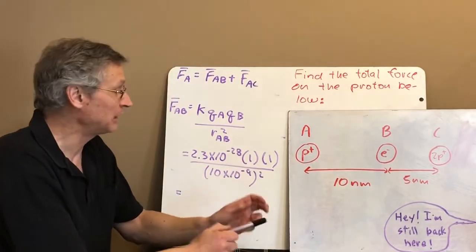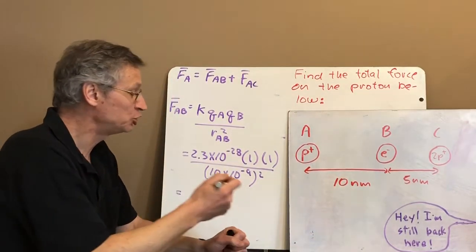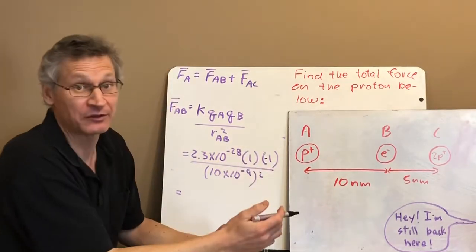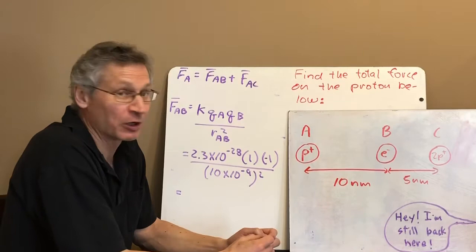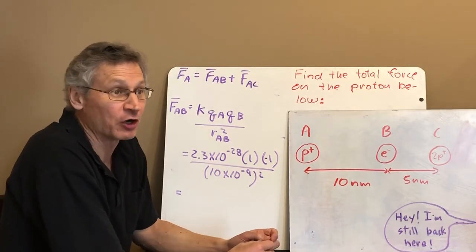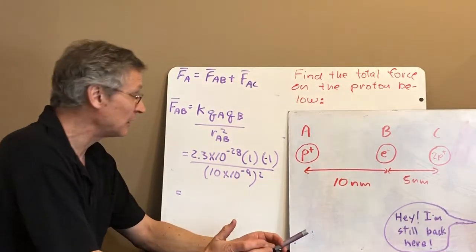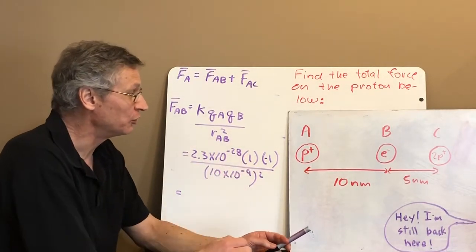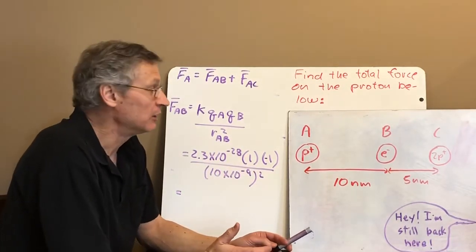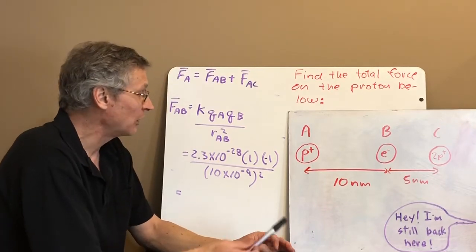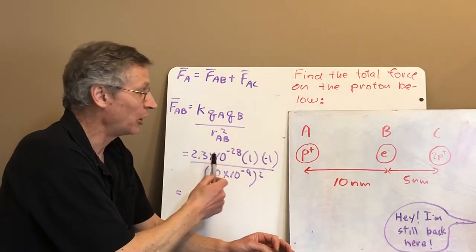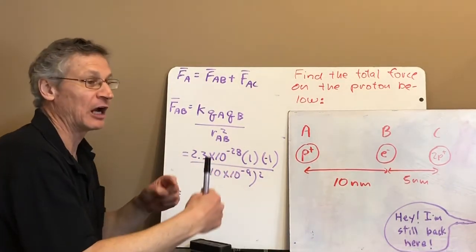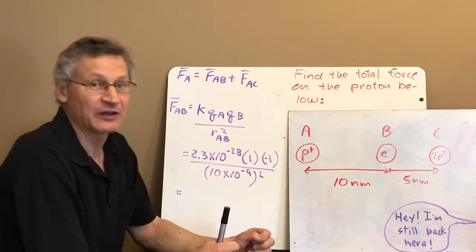Now some people might say, well, shouldn't the charge at B be -1? Because let's face it, that's what the charge on an electron is, -1 elementary charge. Okay, true enough, and if you like, you can substitute in the value of -1 for QB, and then you can also use the fact whether your answer is positive or negative to tell you whether the force is attractive or repulsive. Entirely possible.